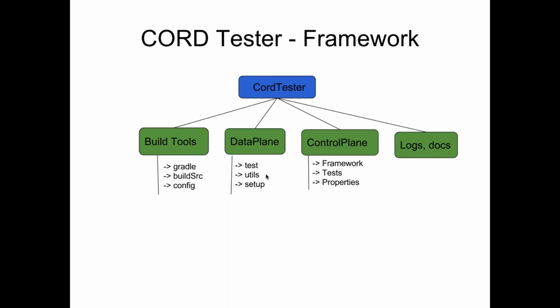This is where you configure your input files, and whenever you want to build a CORD test container or destroy one, you go to that directory and use the files you want for your test in order to build and destroy your CORD containers.